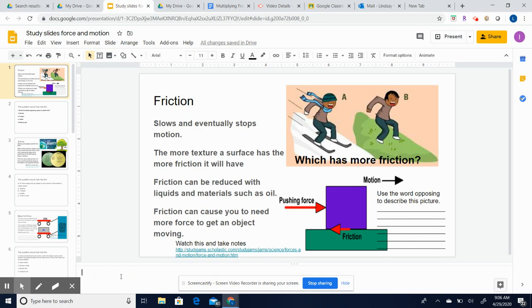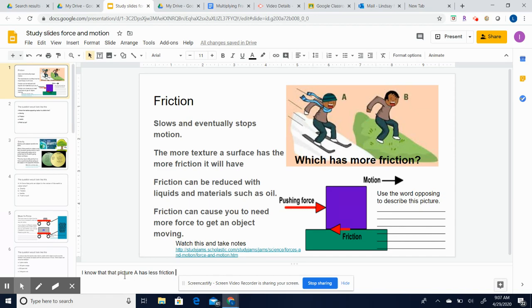So if this is my assignment, I'm going to say, I think that picture A has less friction. And then I'm going to go on to explain why, but I'm going to let you guys tell me why. All right.